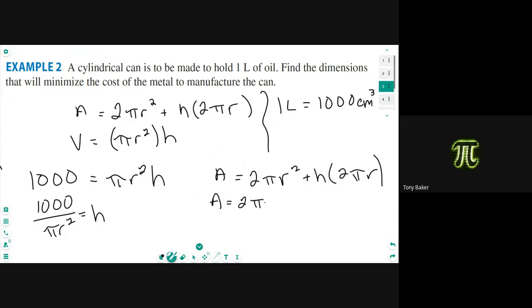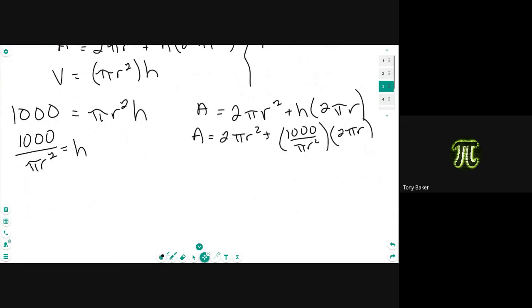So I've got 2 pi r squared plus 1,000 pi r squared times 2 pi r. So this is where cleaning things up is definitely going to help me.